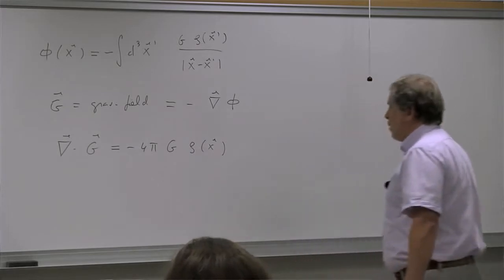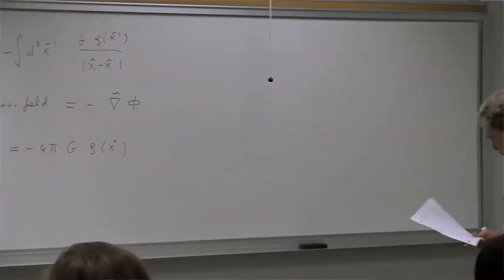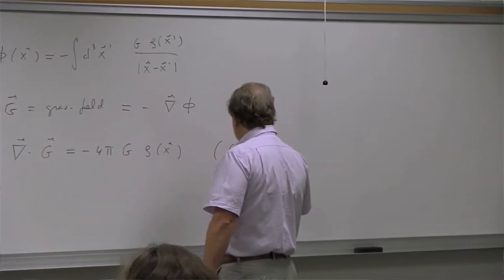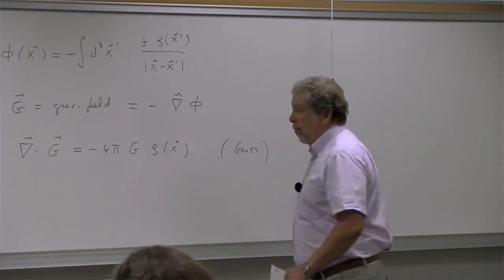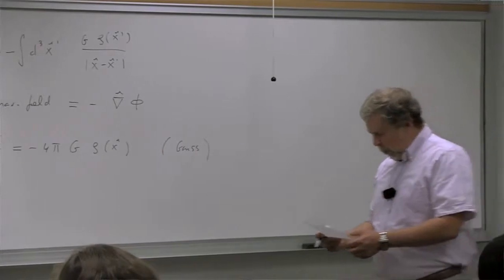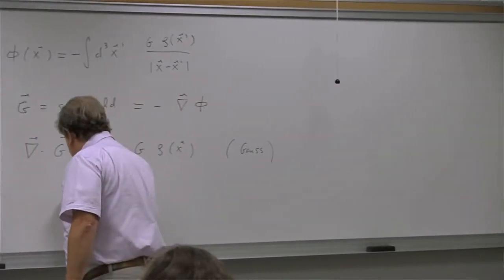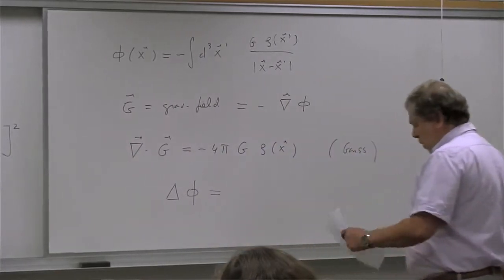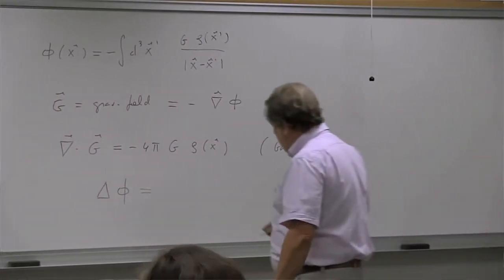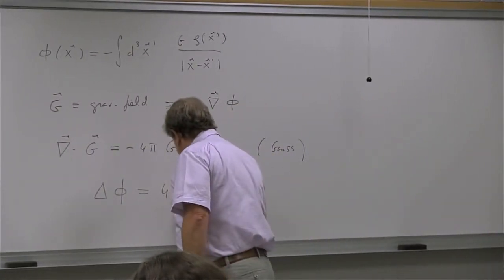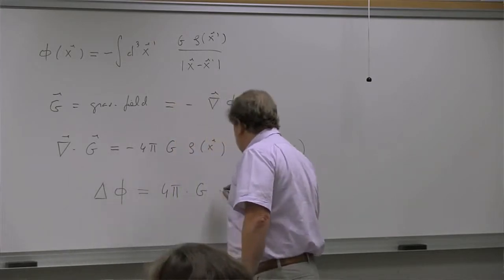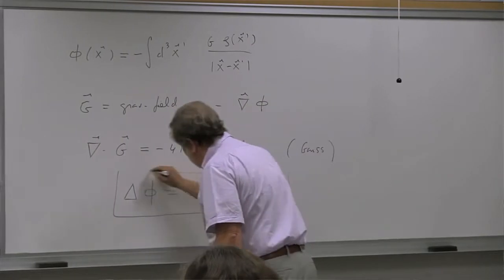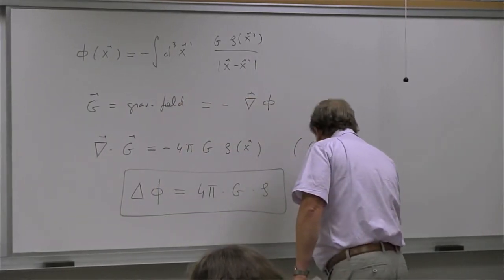So its source is the mass distribution, and this is essentially Gauss's law. And from that we can write down Poisson's equation, which says that the Laplacian of phi is equal to 4 pi G rho, 4 pi times Newton's constant times rho. And so that's Poisson's equation.